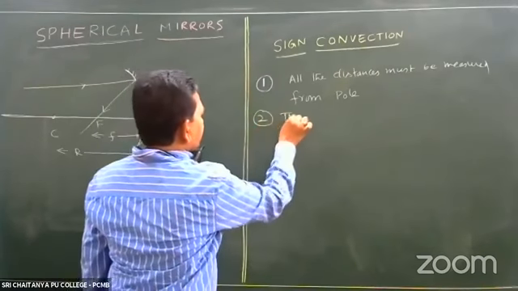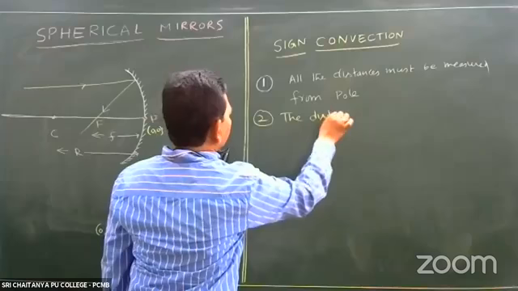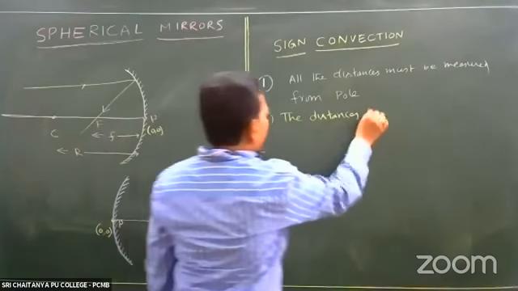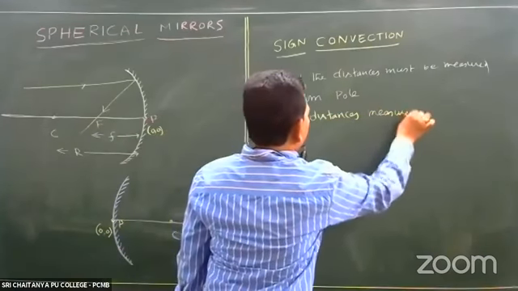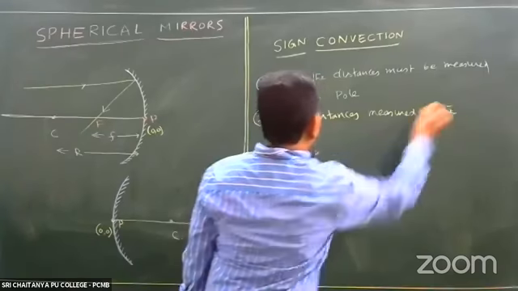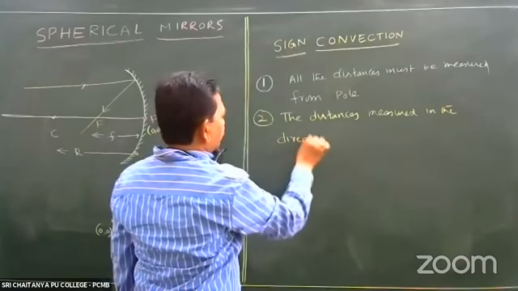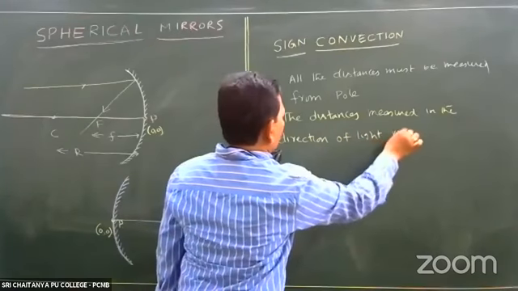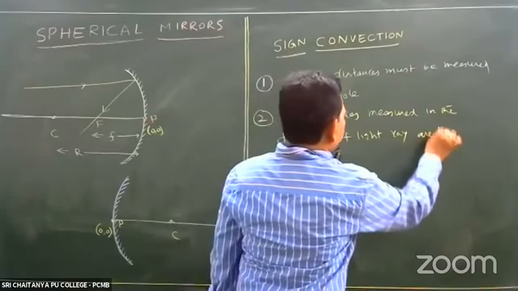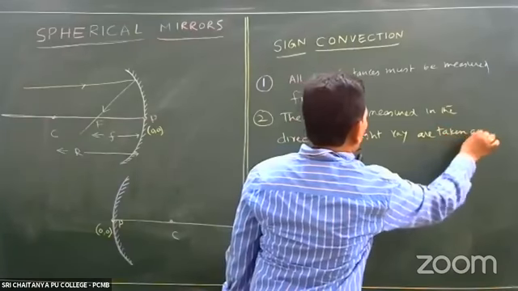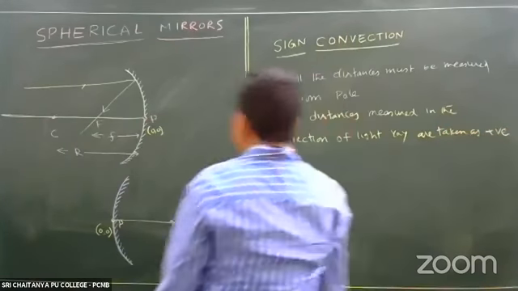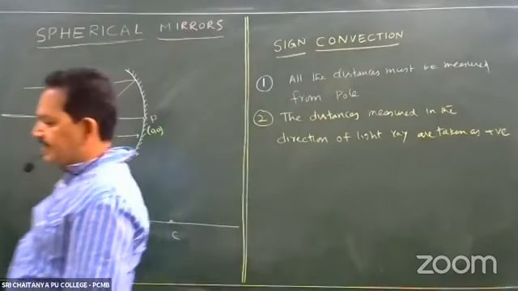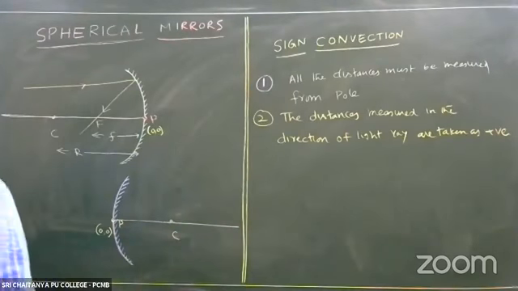The distances measured in the direction of the light ray are taken as positive.